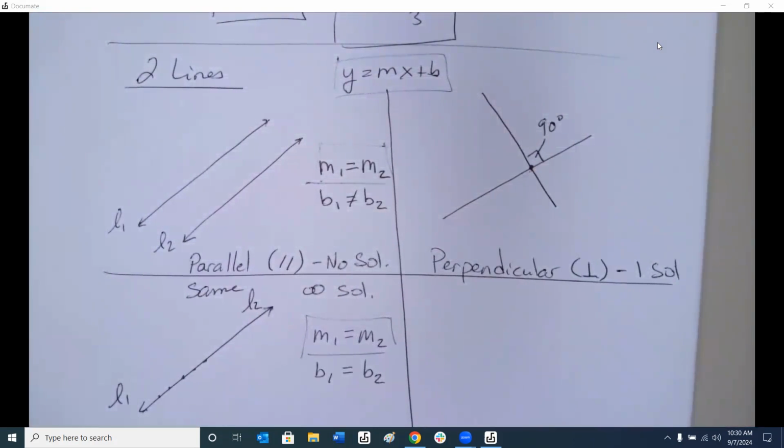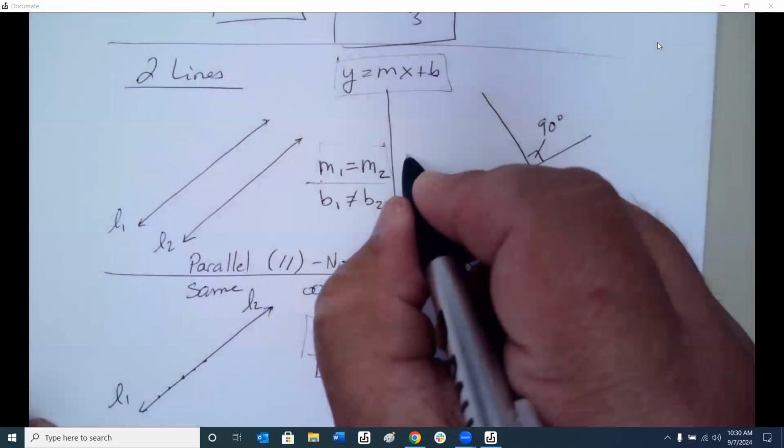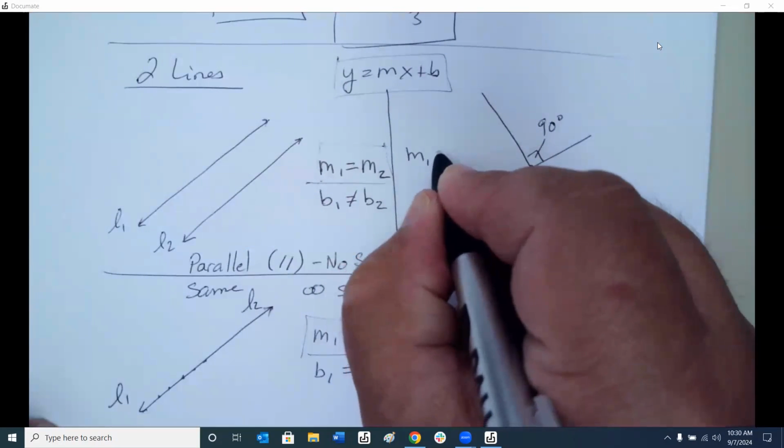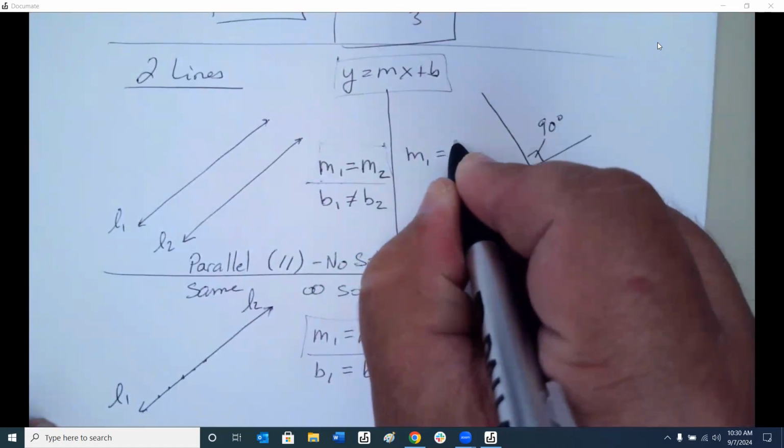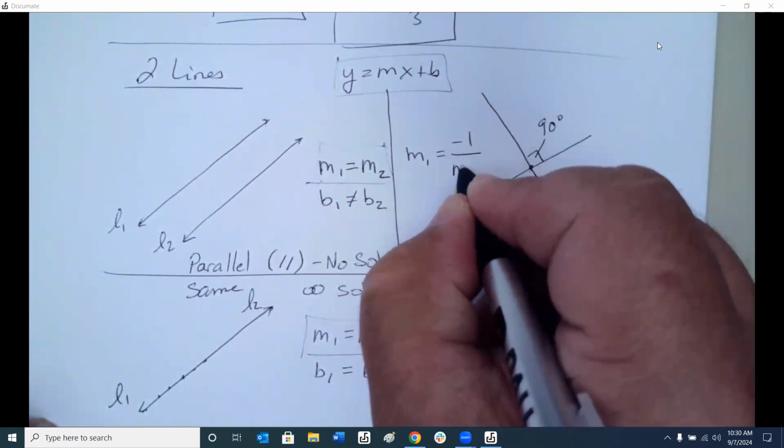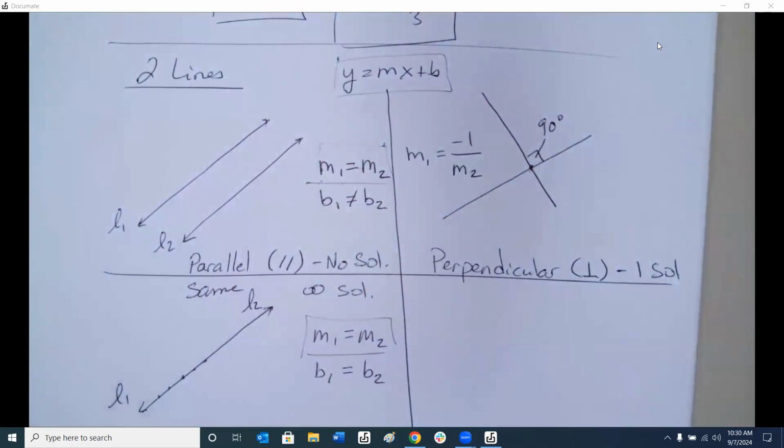They can have the same y-intercepts. So the only thing we know about these two is the slopes are not the same. If they're perpendicular, they're negative reciprocals of each other. In other words, if two lines are perpendicular, they have to have different signs and they have to be flips of each other.